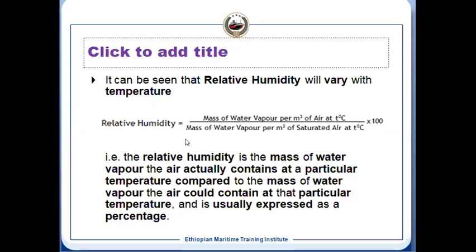Now, once X is reduced because of removing some mass of water vapor, you do the reheating. Reheating means you bring it back to the desired temperature. Will there be any change in mass? After removing, the mass that remains will remain the same.